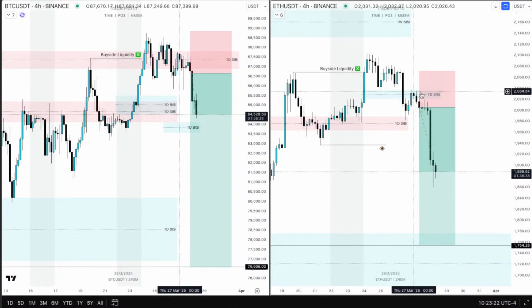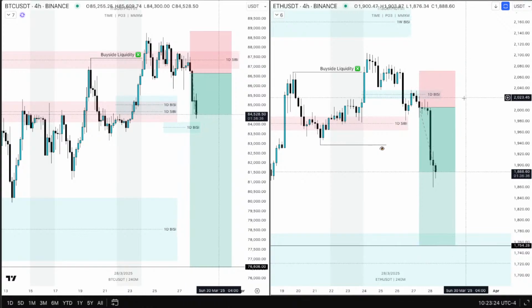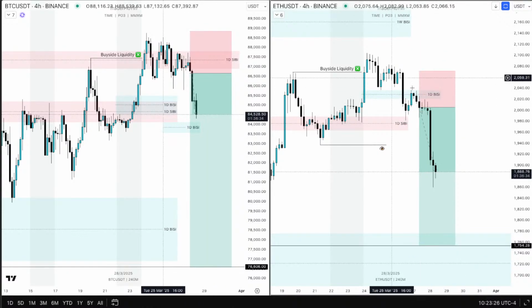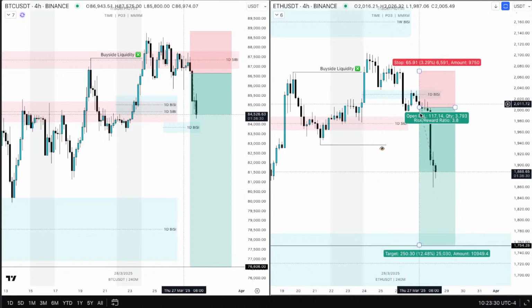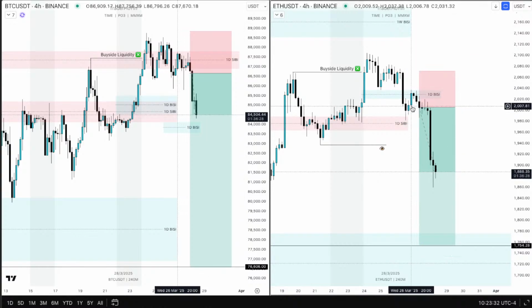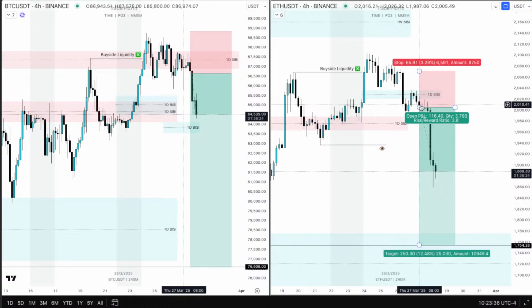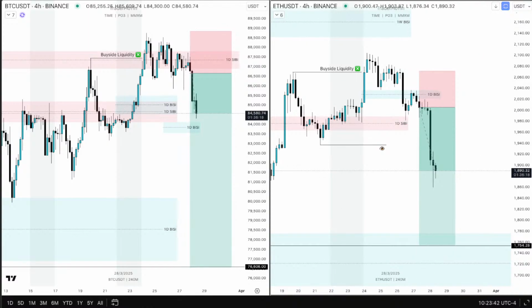So when I see this, I knew that the daily BC acts as an inversion, and once it broke this Wednesday 8 AM candle and I saw the candle close below this, I saw a short.